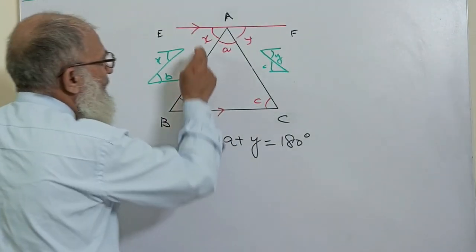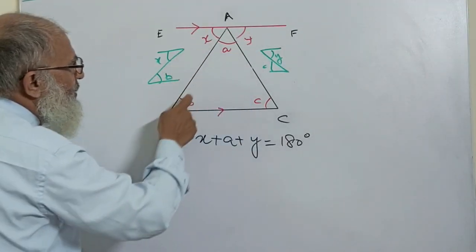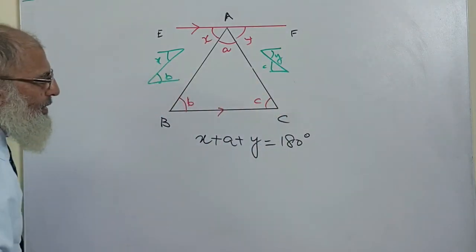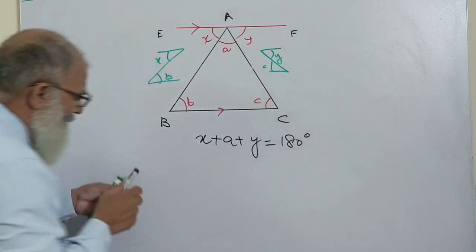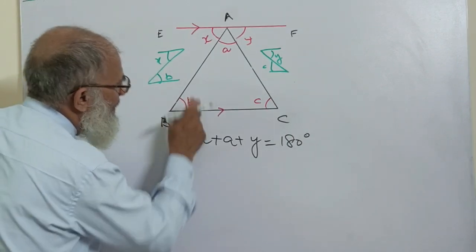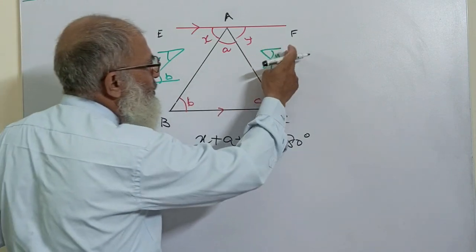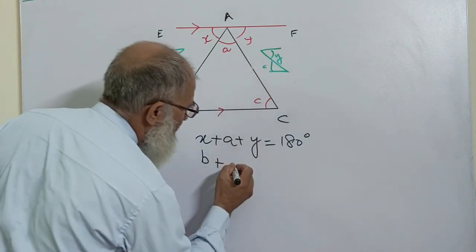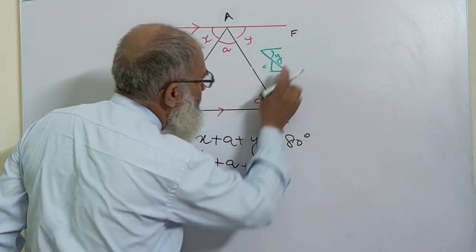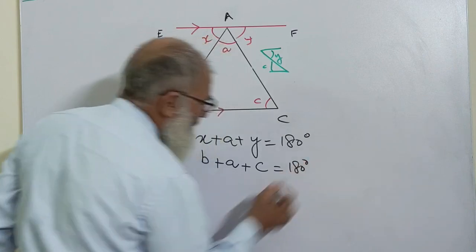Now this X is equal to B, and this Y is equal to C, as I have drawn over here. So I can substitute the value of X with B and the value of Y with C. A will remain there, and that is equal to 180 degrees.